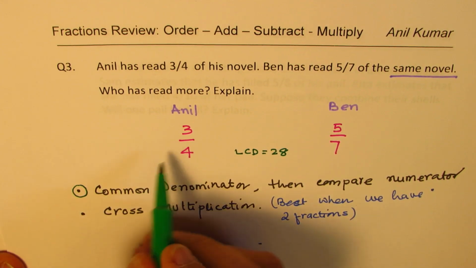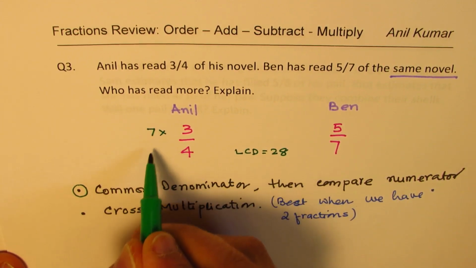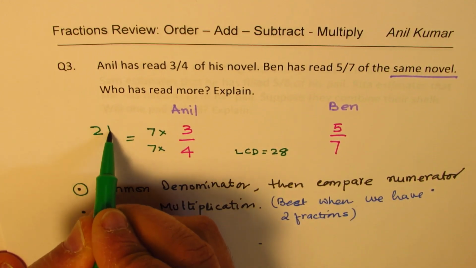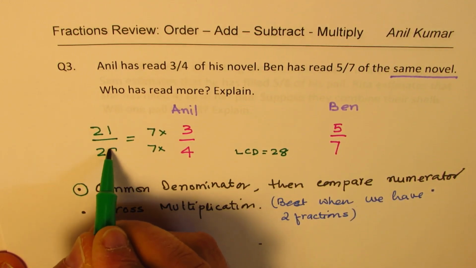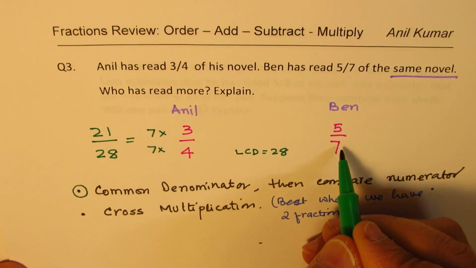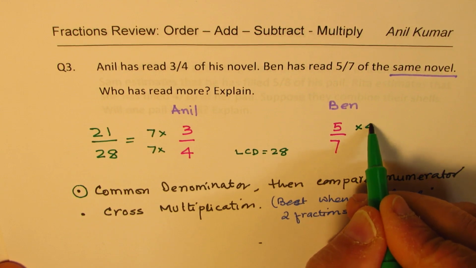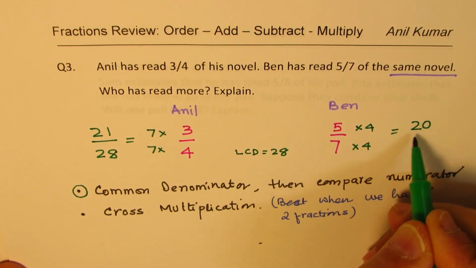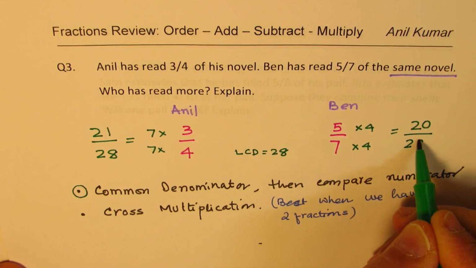How do I get 28 here? I'll multiply both of them by 7. So what I get here is 21 over 28. Is that clear? Here, how do I get 28? I have to multiply both of them by 4. So what I get here is 20 over 28, right?